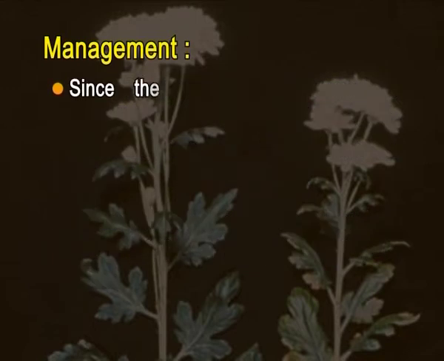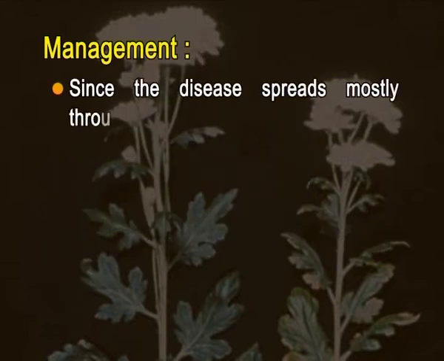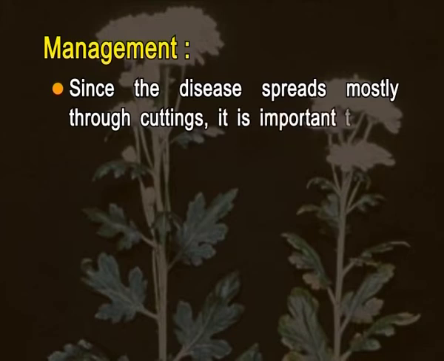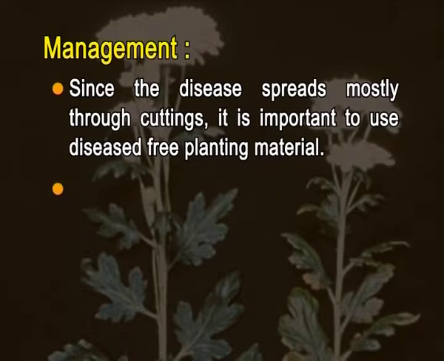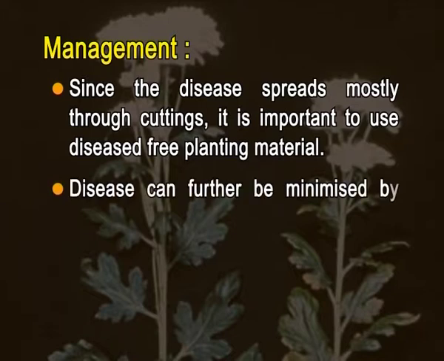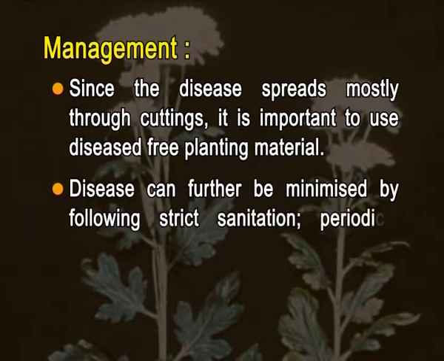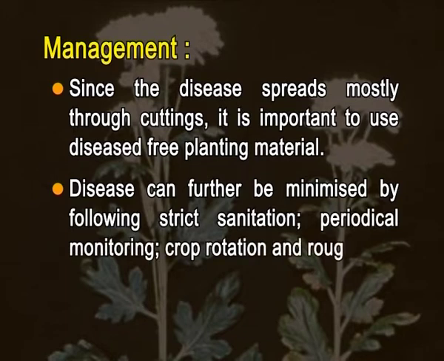Since the disease spreads mostly through cuttings, it is important to use disease-free planting material. The disease can be further minimized by strict sanitation, periodical monitoring, crop rotation and rogueing of infected plants. So this is about the management of the disease.